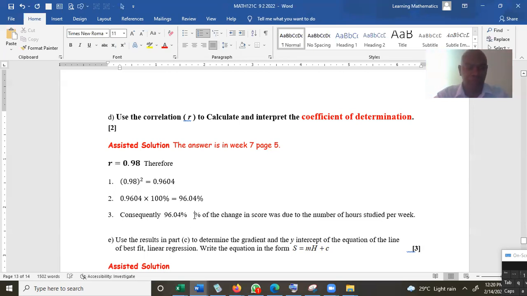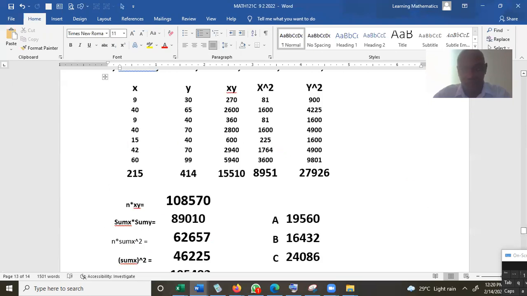That's the interpretation of the coefficient of determination. So whenever your score varies, 96% of that variation is due to hours of study. The other 4% is due to other factors, according to the data, these hypothetical values you have there.